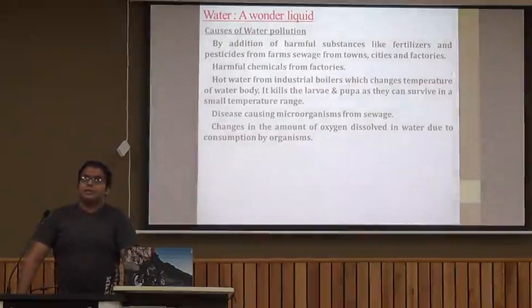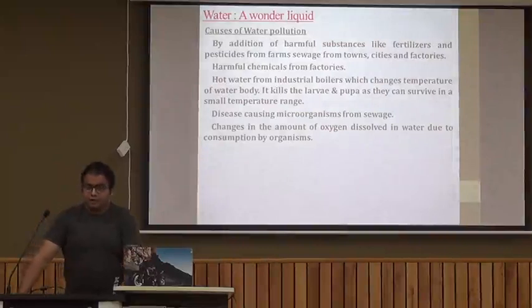When this hot water enters a fresh water body like a river or lake, it changes the temperature, increasing it to a very large level, and as a result it kills a lot of fishes which are not able to survive that temperature, and also other life forms present in that water body.